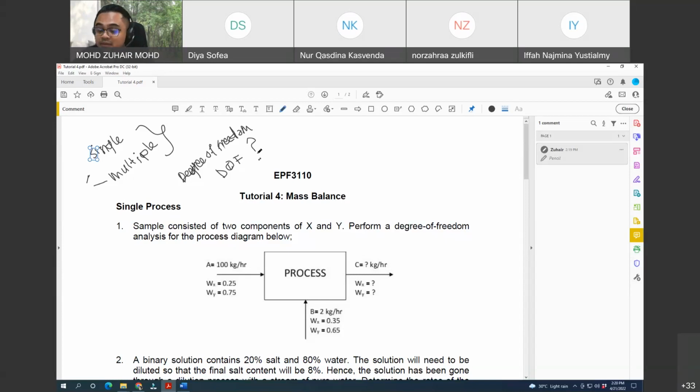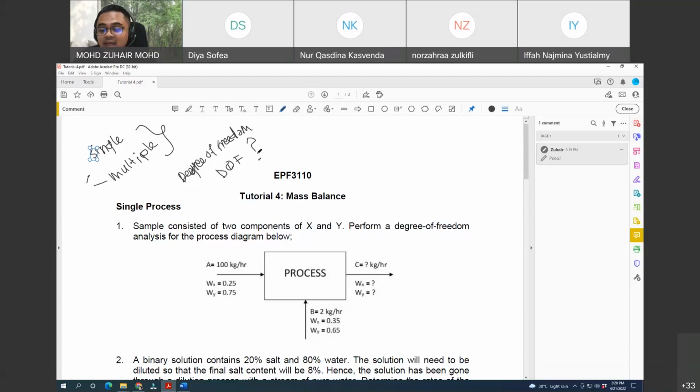And the most important thing, whether the balance can be solved or not. Whether all the information is enough for us to do the calculation or not. Because if we don't get the degree of freedom analysis equal to 0, the balance cannot be solved. As simple as that.